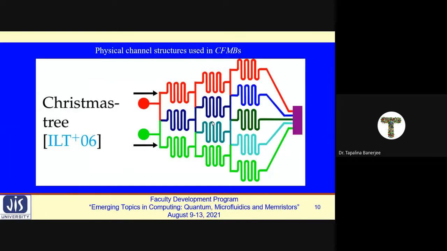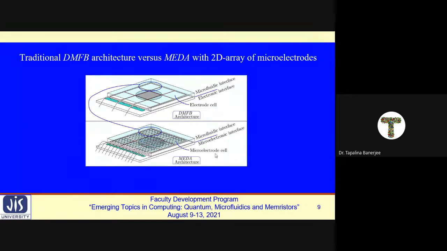Now, one more thing that we have to notice is that MEDA allows fractional aliquoting of droplets, that is, of varying volumes. This is highlighted by comparing, using this blue color mark.